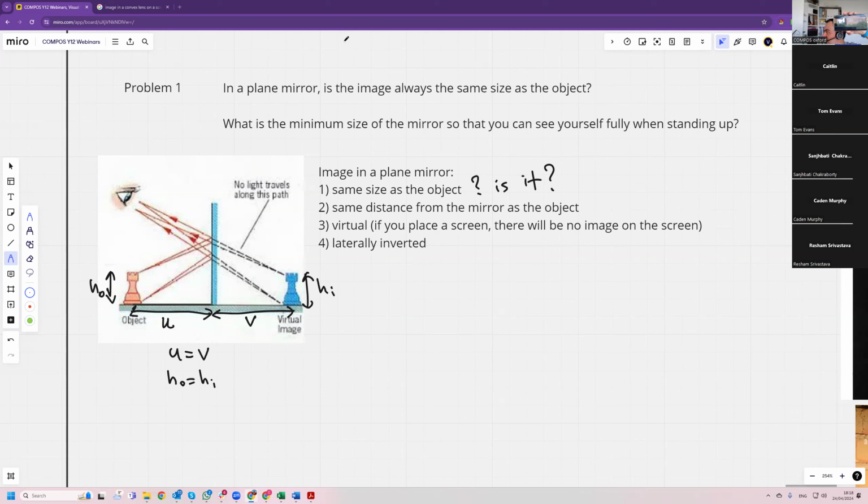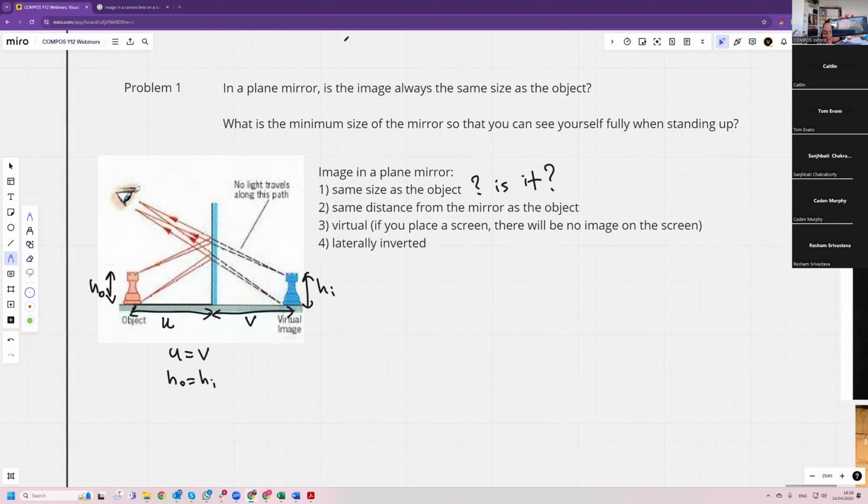Do you see a house in my phone? Now, doesn't that contradict the first point?